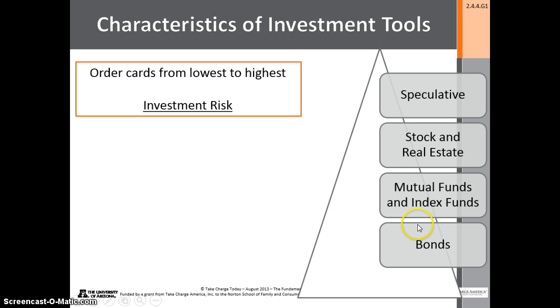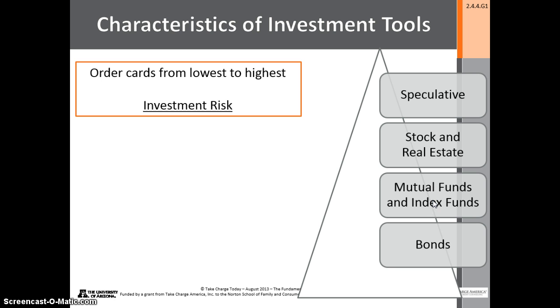The answer for lowest risk is your bonds, and the return is a fixed interest rate. Remember us learning that? We also learned that fixed means the same amount each time, so that was like us getting $50 every single year and it not varying. The medium risk is the stocks and the real estate, the mutual funds, and the index funds.